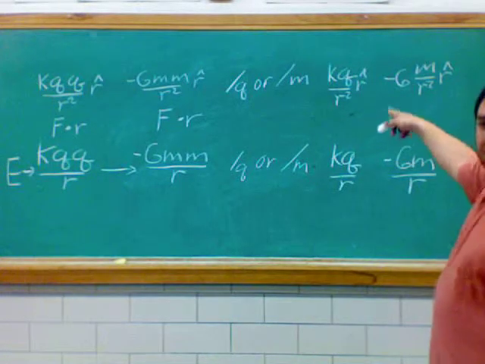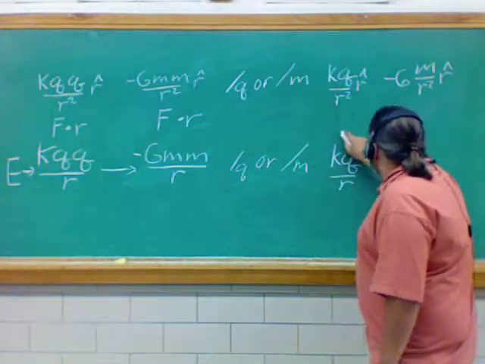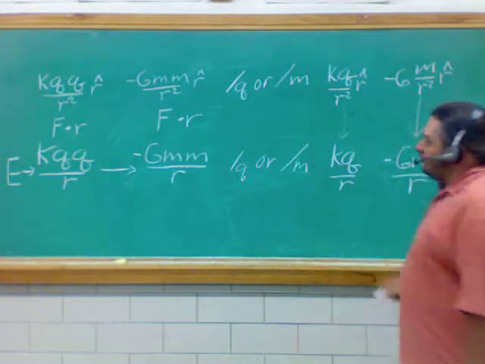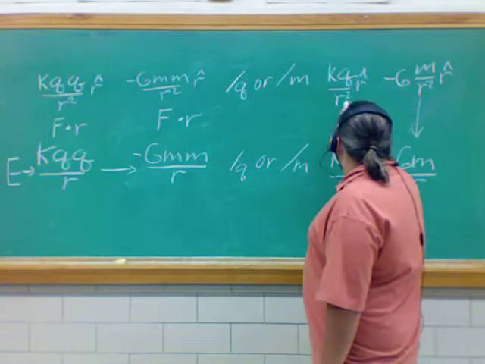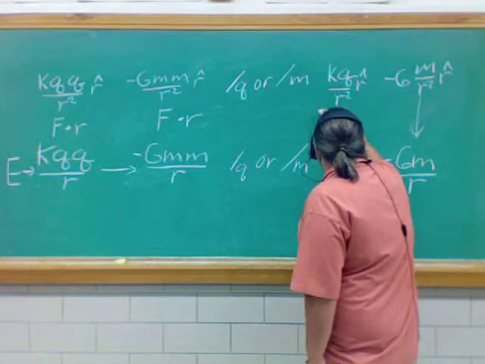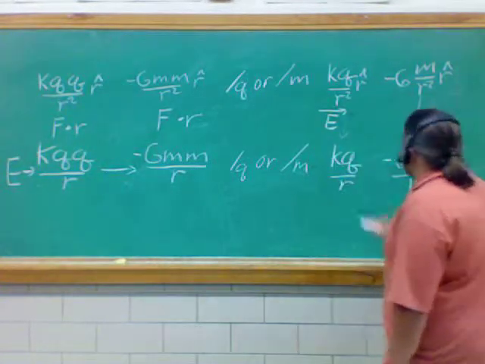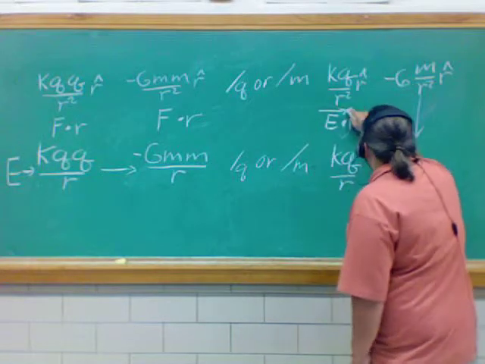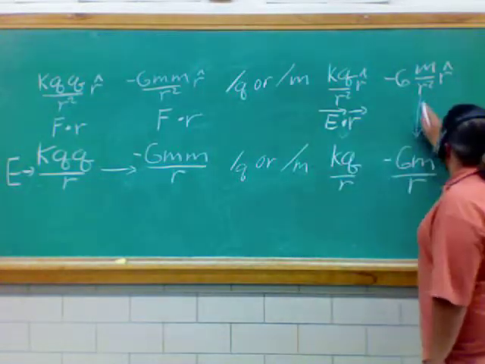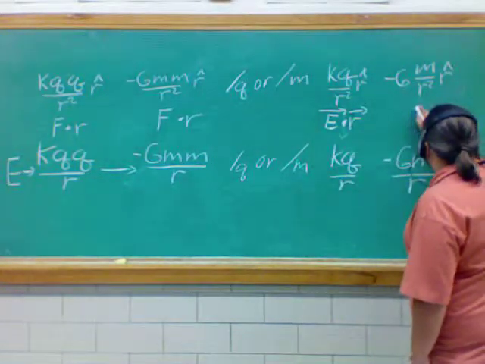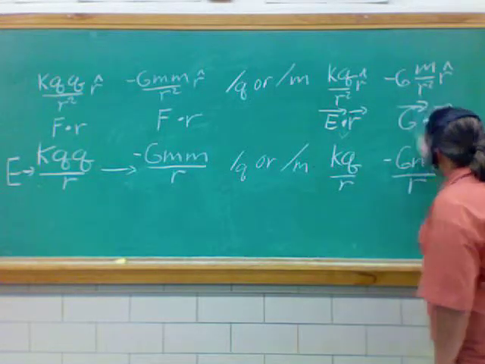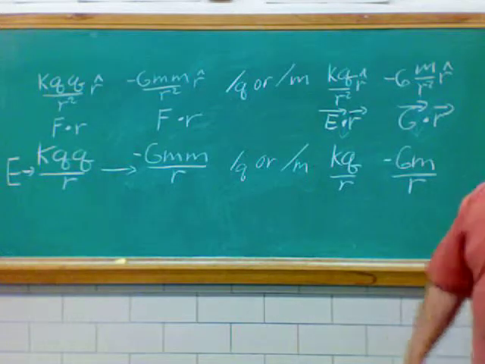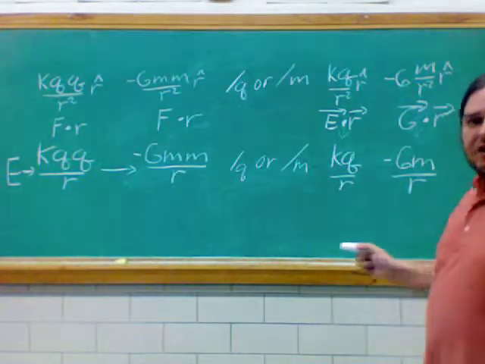But look how simple it is to go from here to here. Look how they're all kind of related. If I multiply this field, here's my electrostatic field, times r, I get potential. If I take my gravitational field and multiply it by r, I get my gravitational potential. So they're all related to each other.